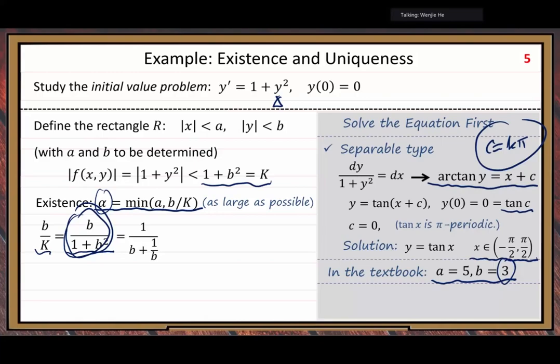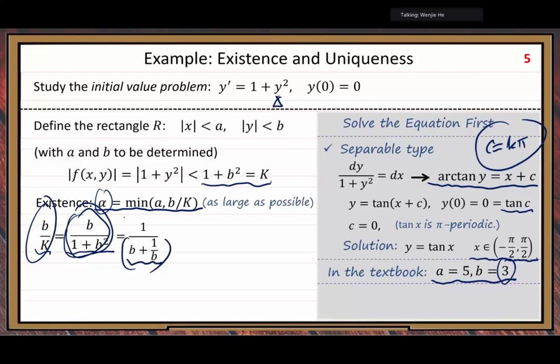1 over b plus 1 over b. Okay? So the denominator is b plus 1 over b, a special structure at the denominator. Our goal, we want to make this whole fraction the largest. The larger the better, the whole fraction. The larger the whole fraction, the smaller the denominator, right? 1 over some number.